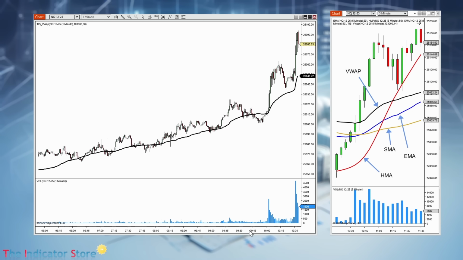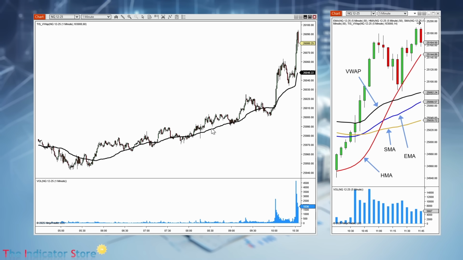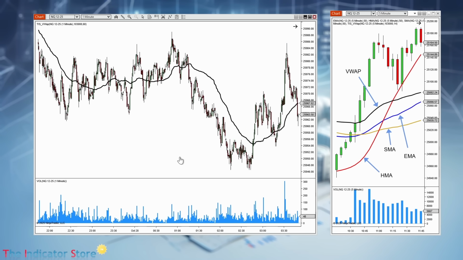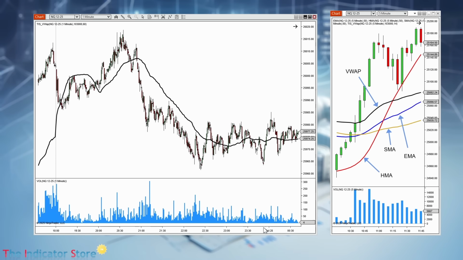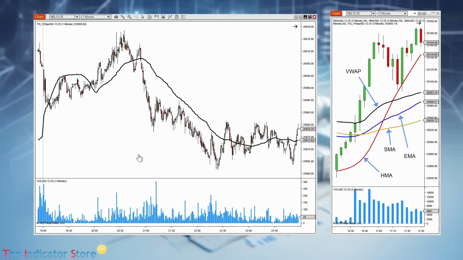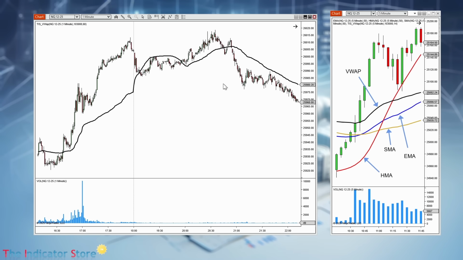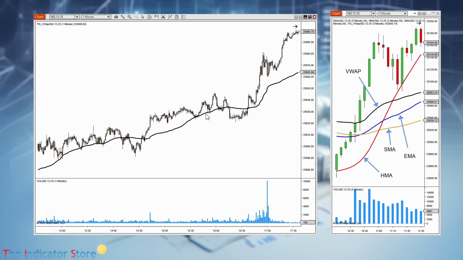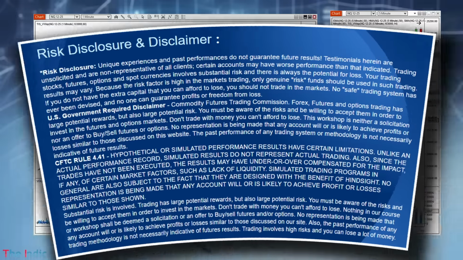So what we get is a VWAP of the last hour, the volume weighted average of the last hour. It is also very useful, and you can see we get several bounces. It is a faster line, and of course you will get more signals.